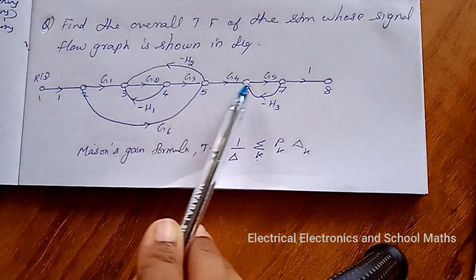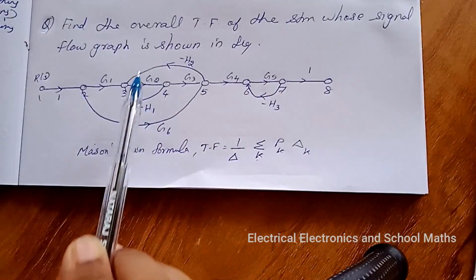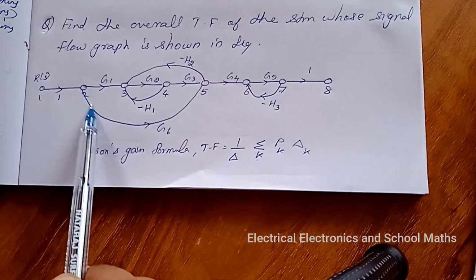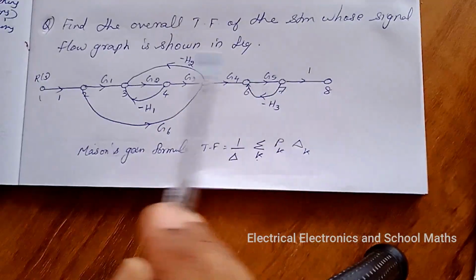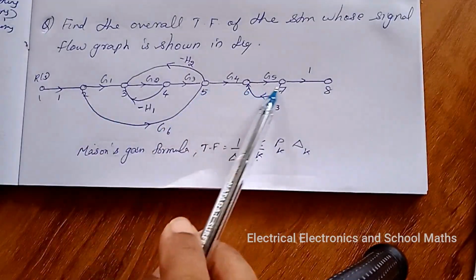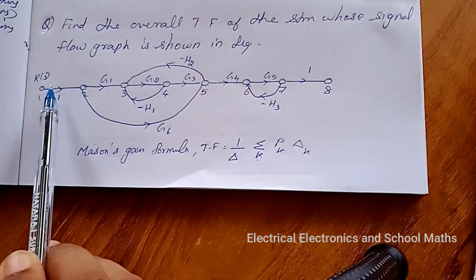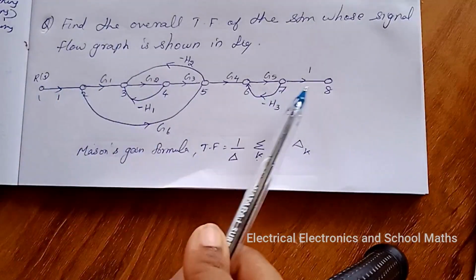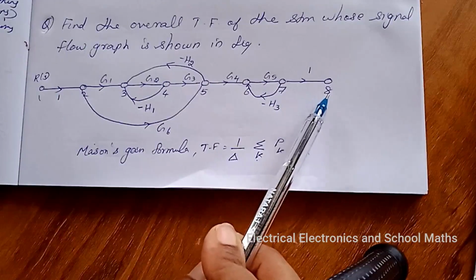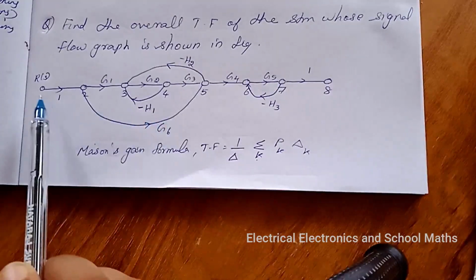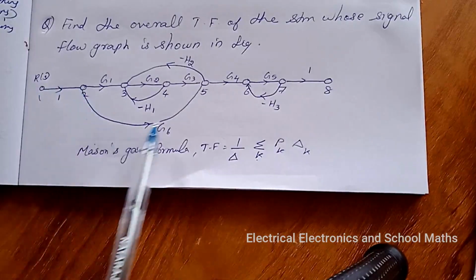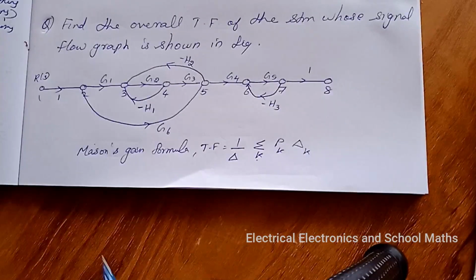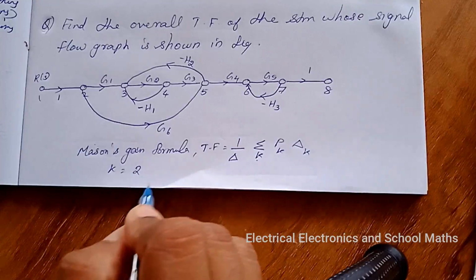So this is one forward path, and there is another forward path, this one. The first one is nodes 1 2 3 4 5 6 7 8, and the second forward path's nodes are 1 2 then 5 6 7 8. So there are two forward paths.